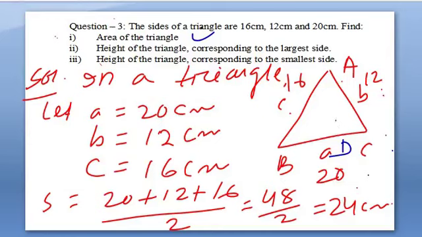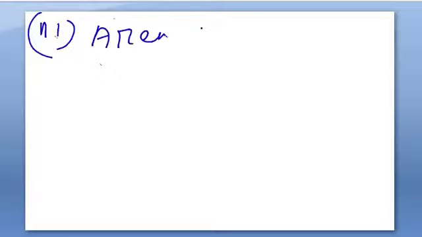This is 12, this is 16, so the smallest side is 12, and the height from here, suppose it is BE, we have to find out. So the area of the triangle equal to 96 square centimeter.